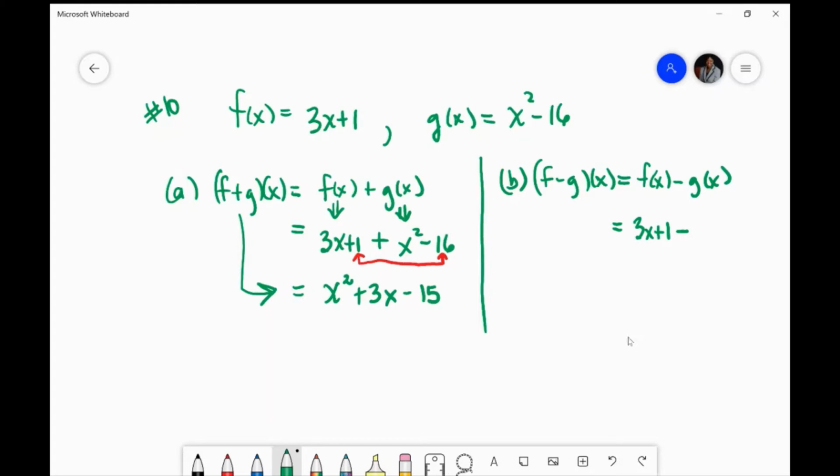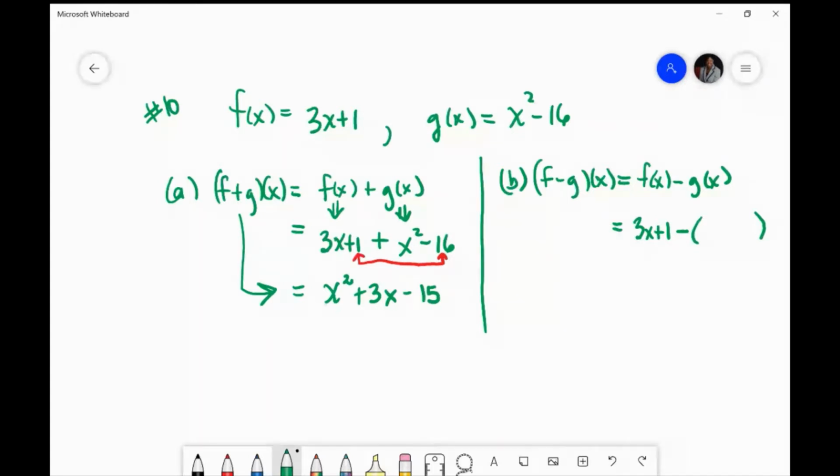Parentheses. Why? Because the signs want to change. We're subtracting, so we distribute the negative.